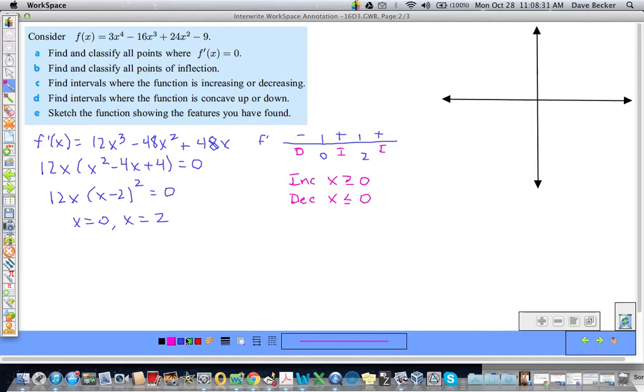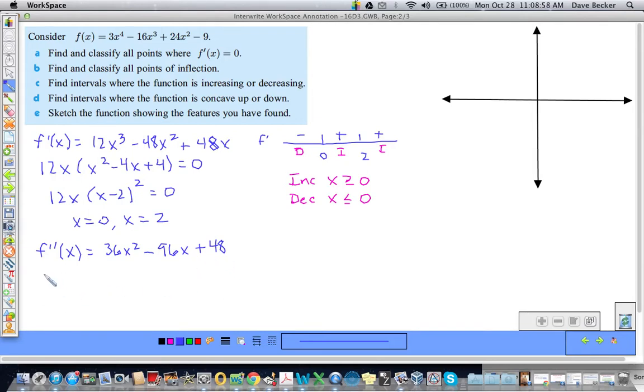So there, very good. Now let's find the second derivative, and I'm going to find it using the first form of my first derivative. The second derivative is going to be 36x squared minus 96x plus 48. I'm going to set that equal to 0, and we can factor out a 12.